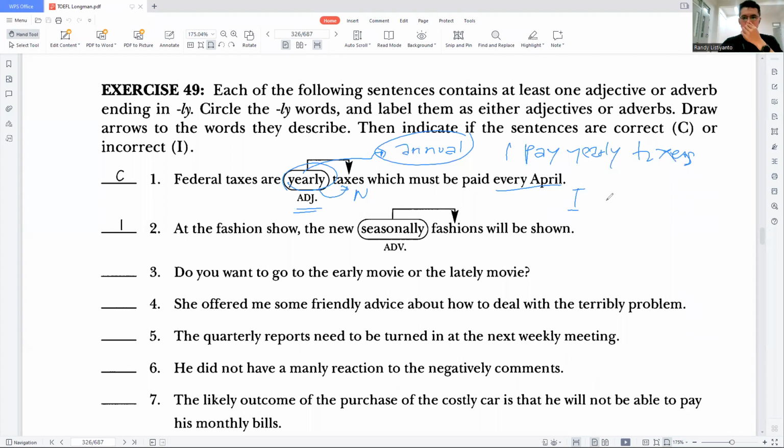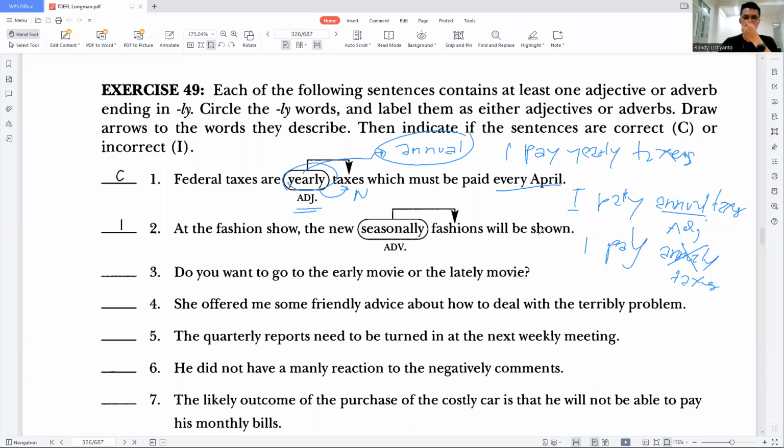I pay annual taxes is also okay, because annual here is an adjective. But if I say I pay annually taxes, it becomes incorrect because annually is an adverb.